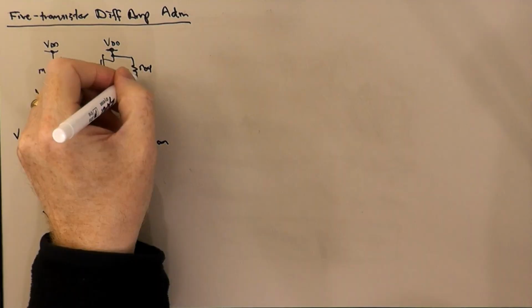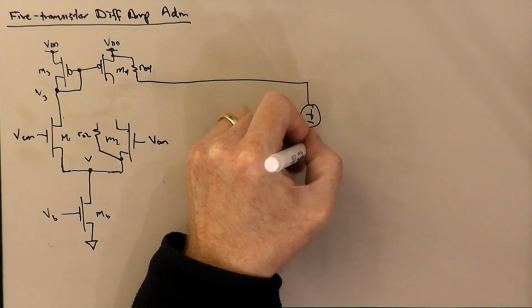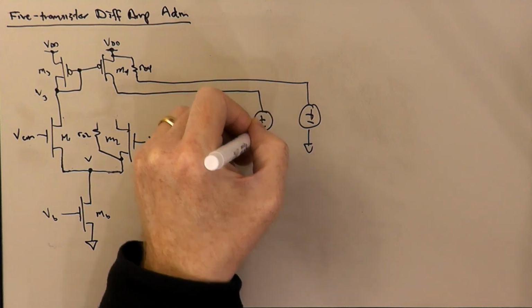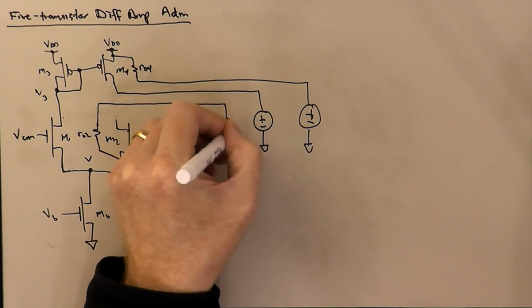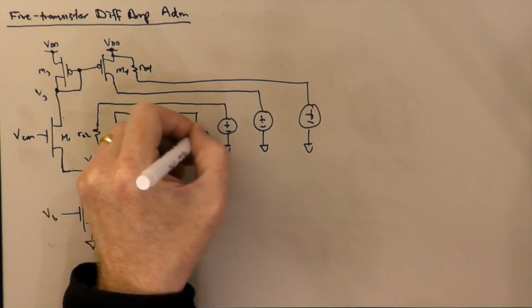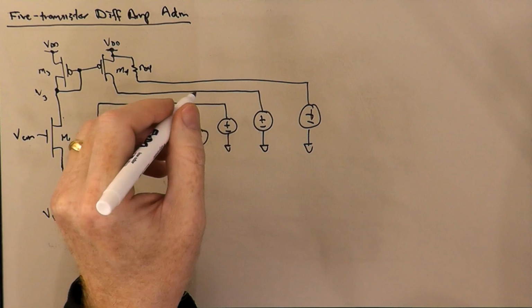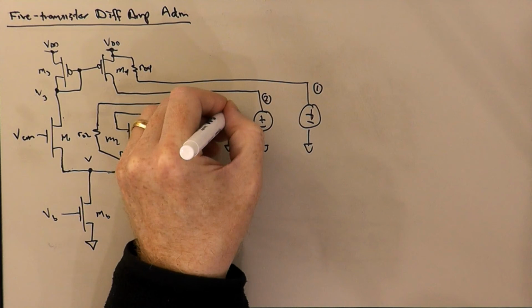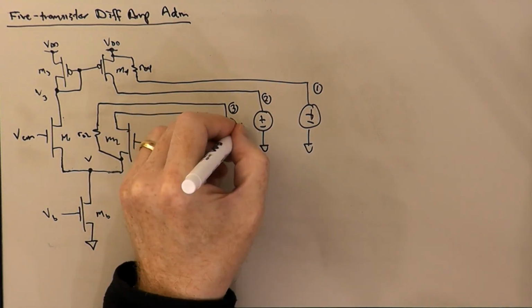So we're going to have four replica sources. And we could number them, let's say, I don't know, 1, 2, 3, 4. These are all V out.